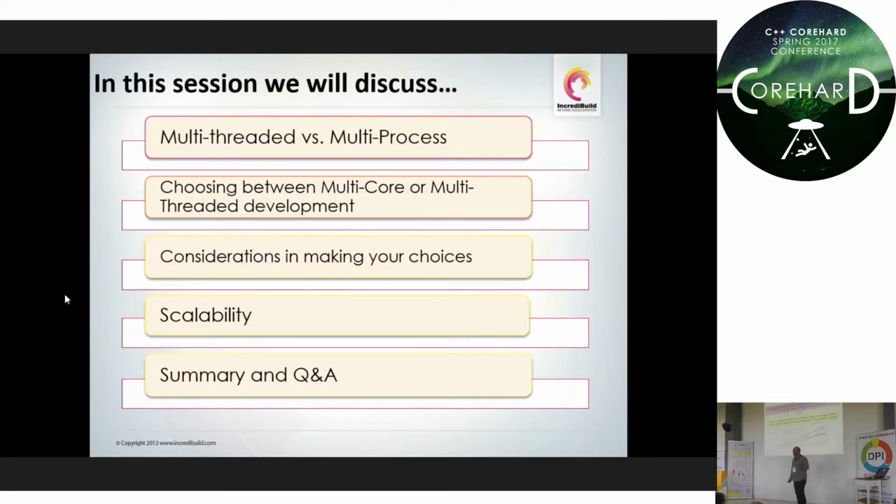So first, just to give an overview, everything started with Moore's law, which has an assumption that the processing speed, the clock speed, will double every 2 years. And this was correct. It held that way for a long time.